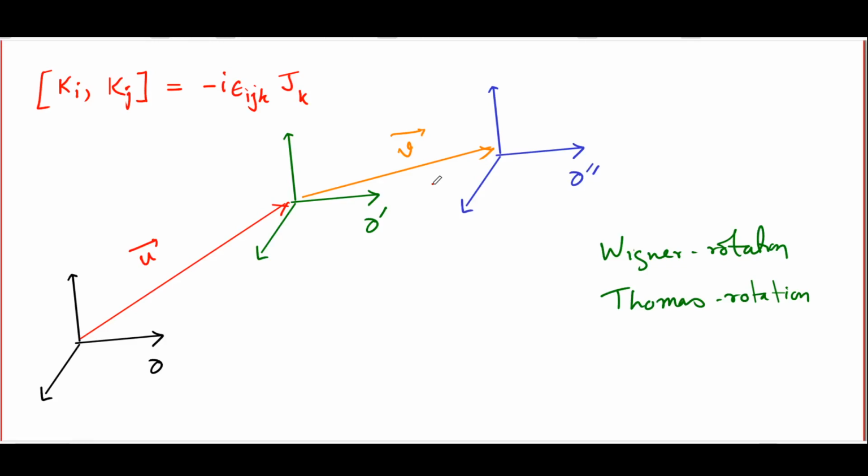So it seems like the axes of O double prime must stay parallel to the axes of O. And hence, this transformation which takes you directly from O to O double prime, the composition of the two Lorentz transformations that we have carried out now, must really be a boost. However, that's not quite true.